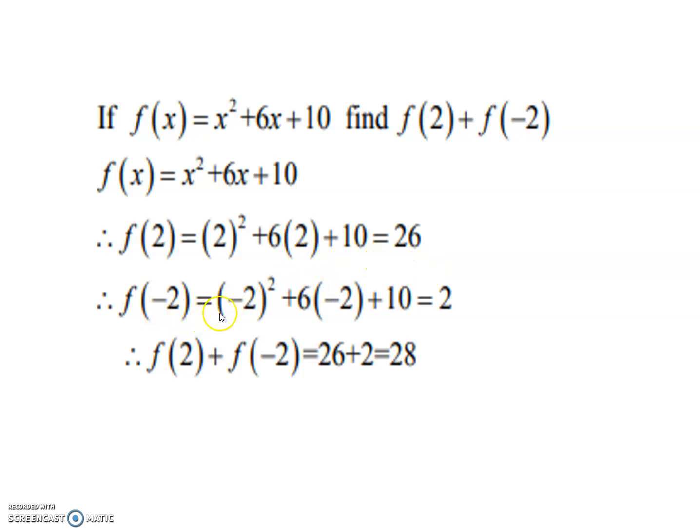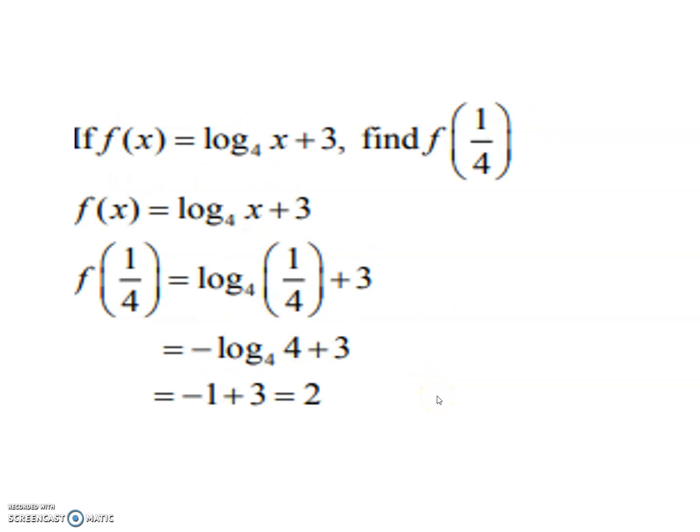Now f of minus 2 is equal to minus 2 square plus 6 into minus 2 plus 10. Minus 2 square is 4. 6 into minus 2 is minus 12, plus 10 is minus 2, plus 4, that is 2. Therefore, f of 2 plus f of minus 2 is 26 plus 2, which is equal to 28.